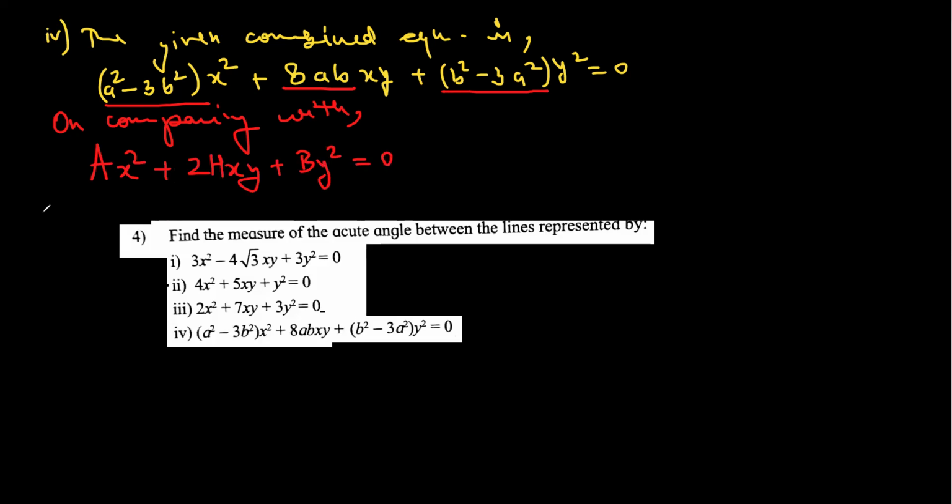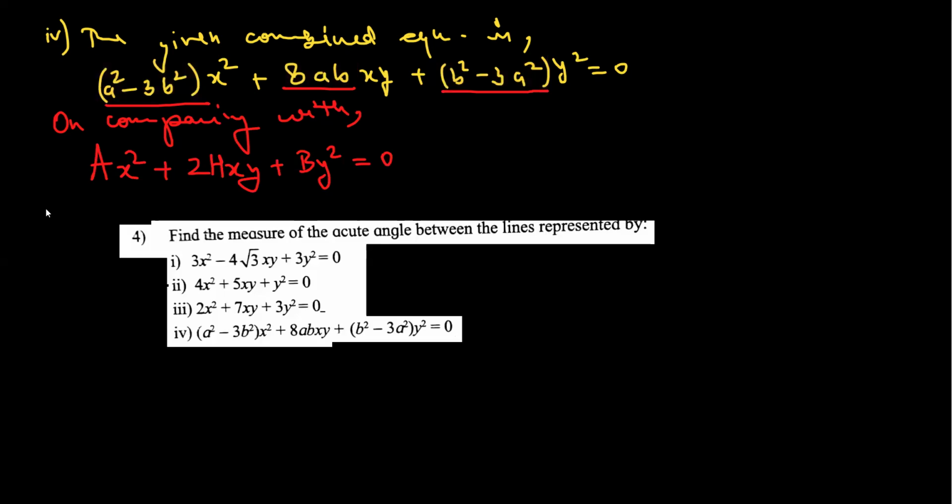I know what you are thinking. You are thinking, why do we take capital A for x square, capital H and capital B? It is because in the given question, we have already been given small letters. So if I take small a here also, there will be a clash of symbols.